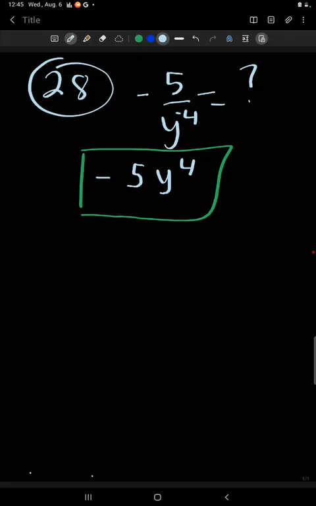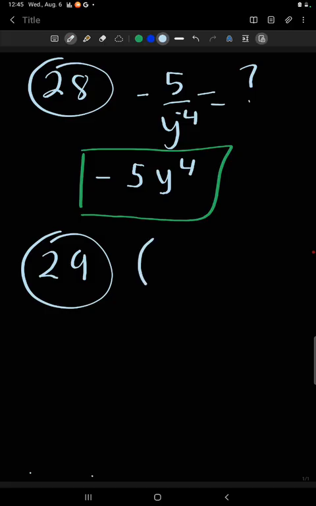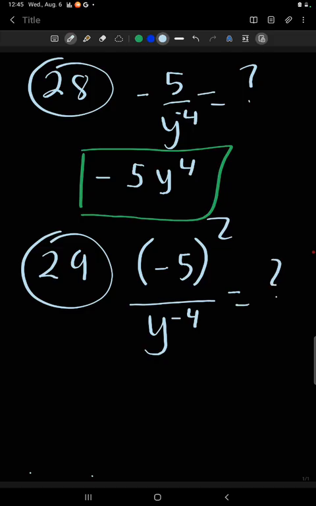So remember, the negative powers become the reciprocal. Problem 29. Let's say we have negative 5, all that squared, and then y to the negative 4 equals what? Okay, so since the negative 5 is raised to the 2nd power, then our negative will disappear.